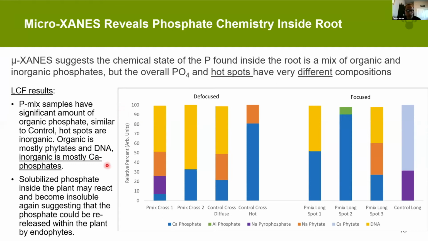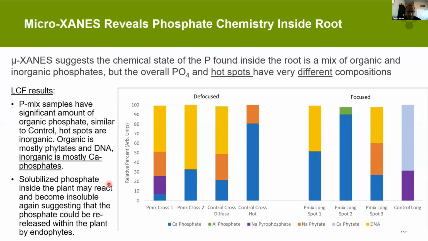And the interesting thing that those hotspots are inorganic calcium phosphates suggests that the solubilized phosphate might have reacted with cations like the calcium inside the root and became insoluble again.